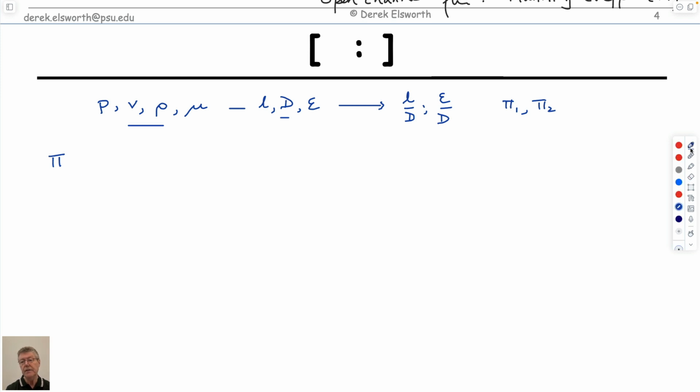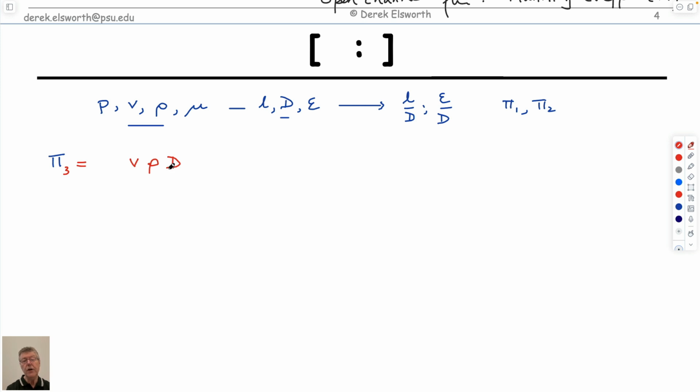And so Buckingham Pi tells us that what we should do is we should write a pi group, which is equal to some variable. I'm going to use repeating variables, which are velocity, density, and diameter.